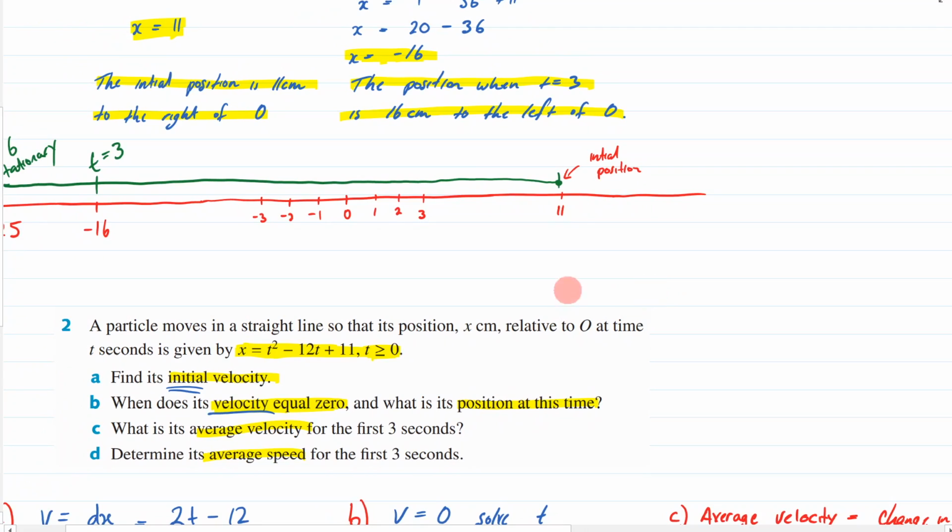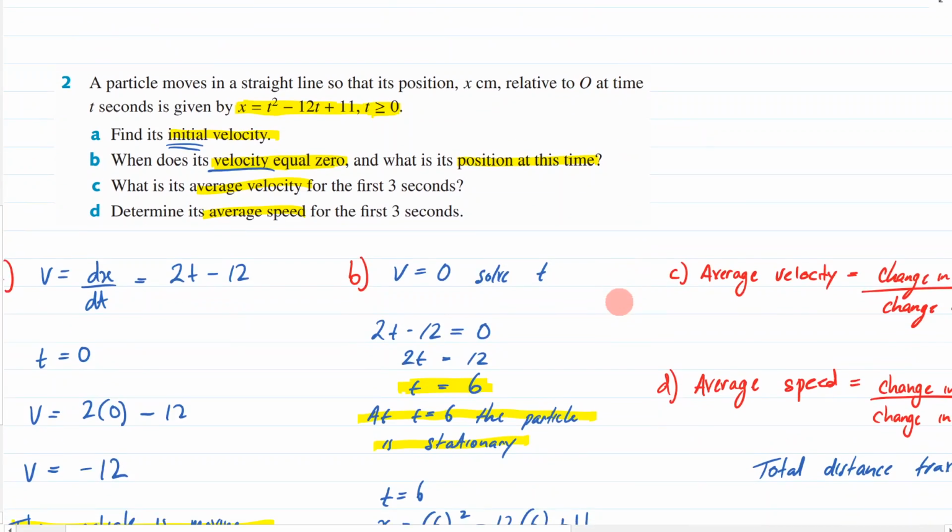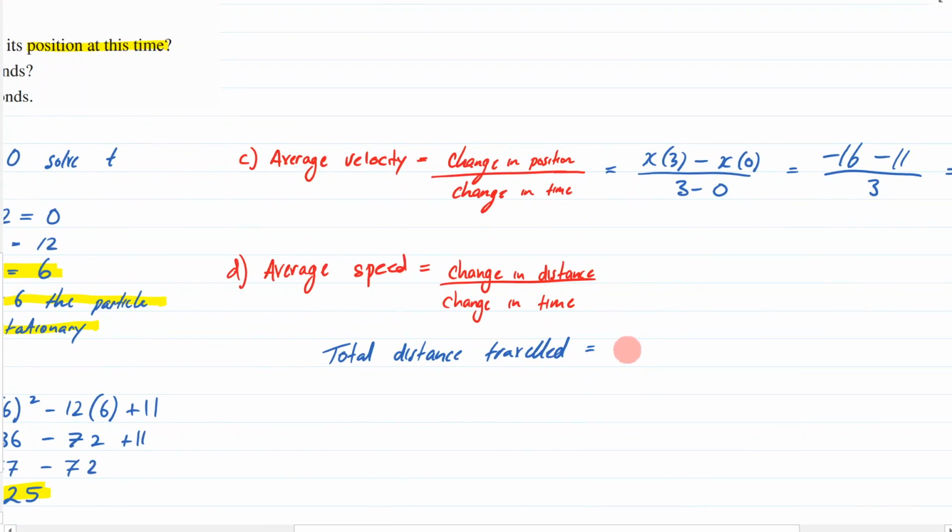Well, if I'm starting at 11 and I'm going to negative 16, from 11 to 0, that's 11. And from 0 to negative 16, that's a distance of 16. So it's just going to be 11 plus 16, which is 27.